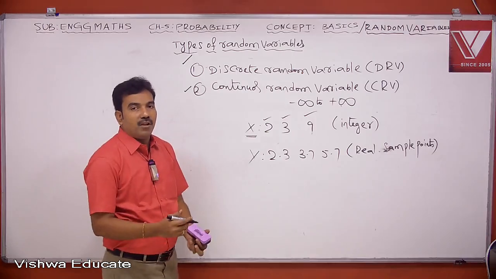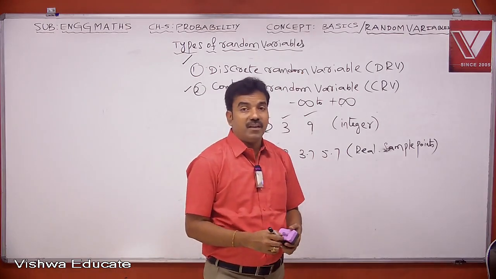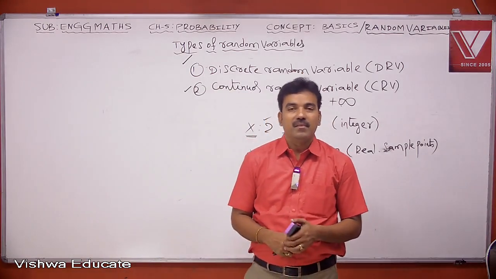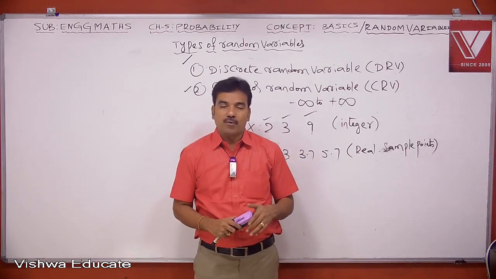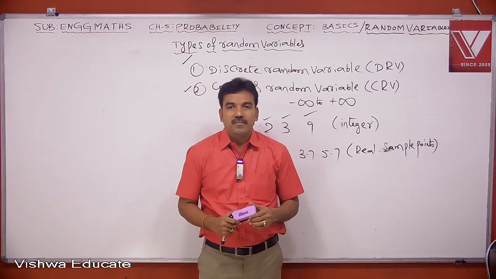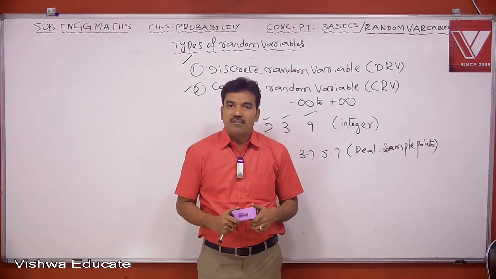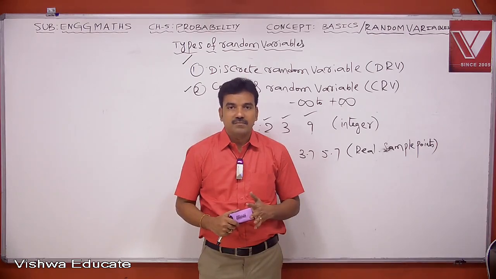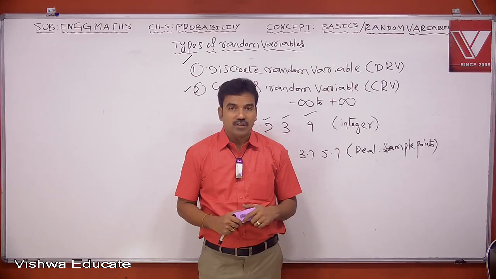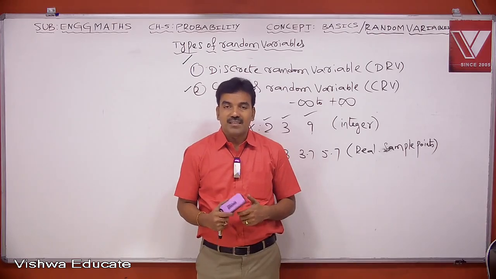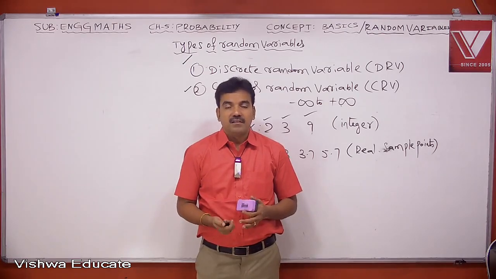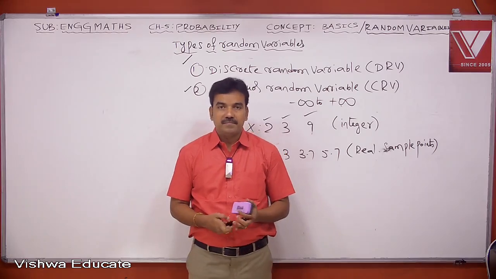A random variable which takes finitely many sample points or integer sample points is called a DRV.